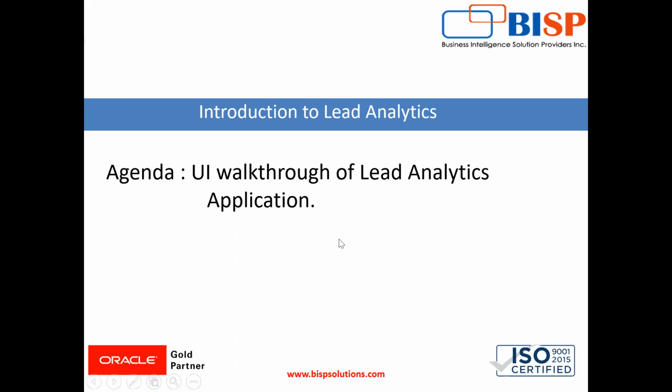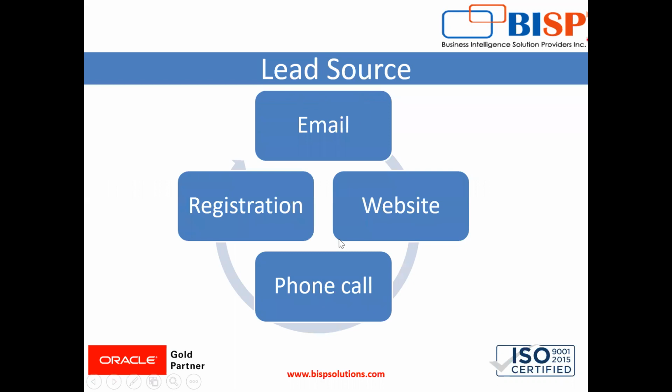The lead sources may vary from company to company, but the internal processing of lead management is the same, such as cleansing, massaging, converting data into meaningful data, and displaying it in a chart. In this application, we collect the leads or inquiries in one place, that is in the database.